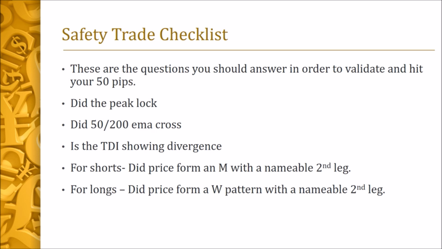Is the TDI showing divergence? For shorts, that is selling, did the price form an M with a nameable second leg? For longs, did price form a W with a nameable second leg?